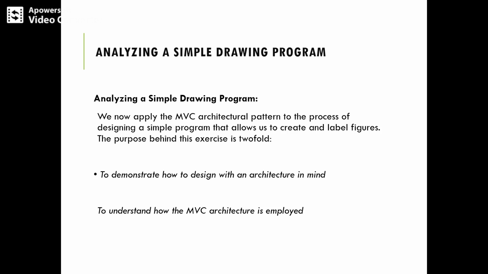Okay, so now the next one is fold two. Another case, to understand how MVC architecture is employed. Regarding this, what shall we follow? The architecture, strictly, in this case, has three clearly delineated subsystems for the model, view, and controller, and later on we will also explore and discuss variations on this scheme.